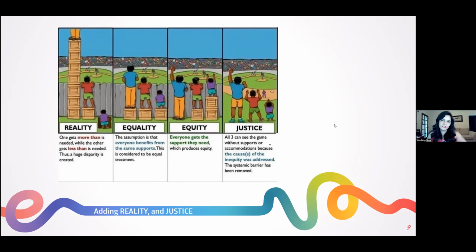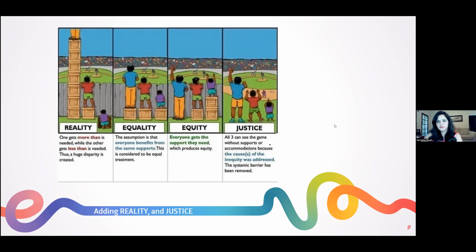The goal for DEI, for diversity, equity, and inclusion initiatives, is to really go beyond this division of resources, to where we don't need to give anybody resources because we have removed the barriers that in the first place stop people from doing things.